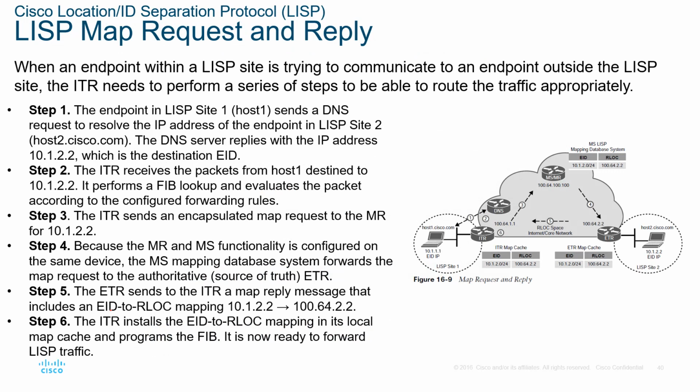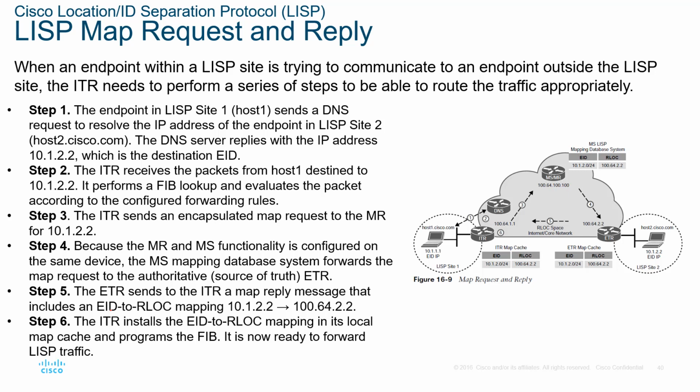How do we ensure that when an endpoint within a LISP site is trying to communicate to other endpoints outside the LISP network, how can we confirm that this is all functioning? Step 1, the endpoint in the LISP site will send a DNS request to resolve the IP address of the endpoint in the other LISP site.